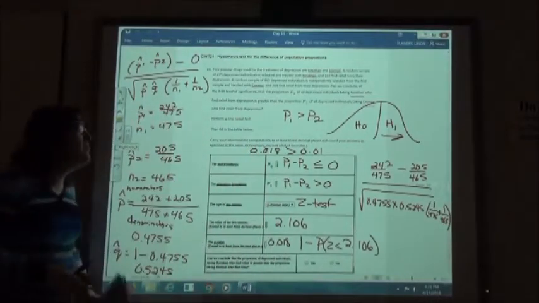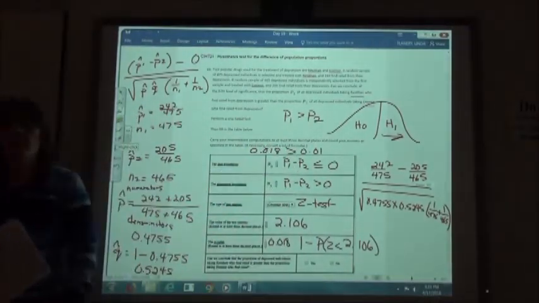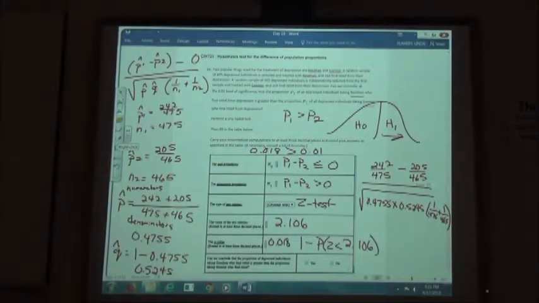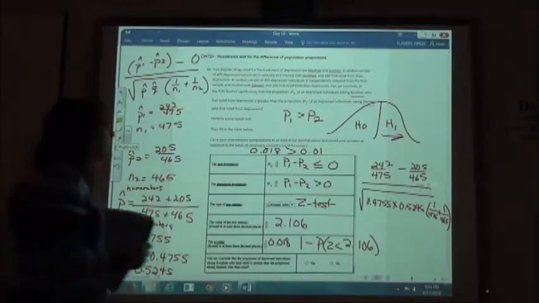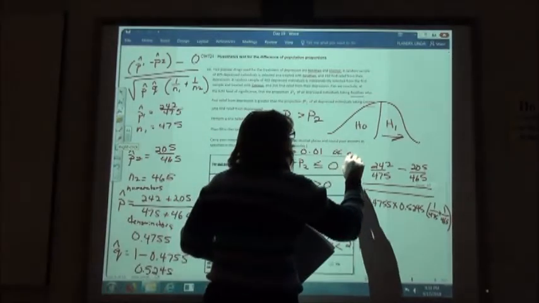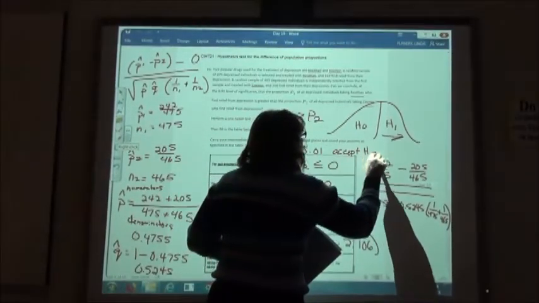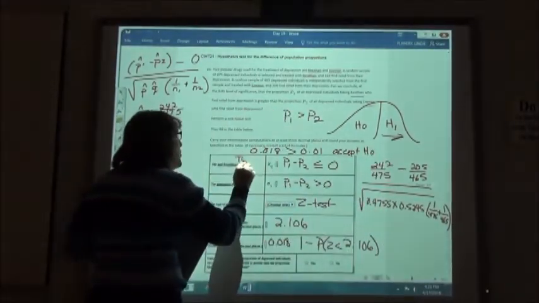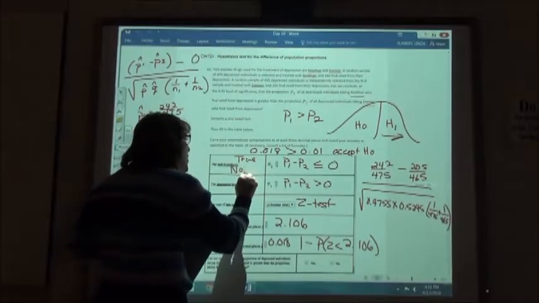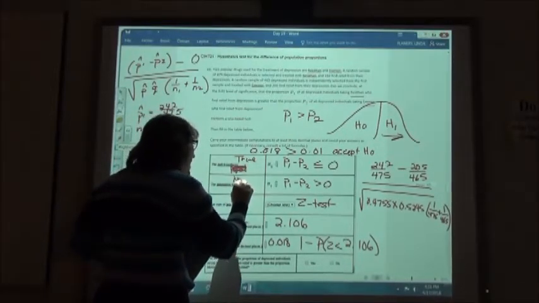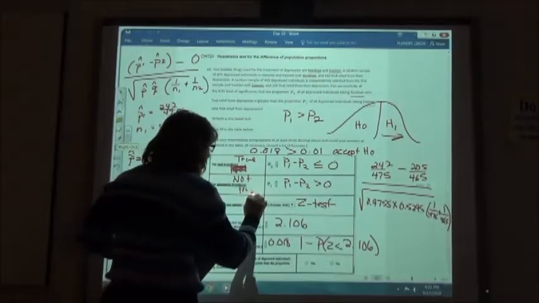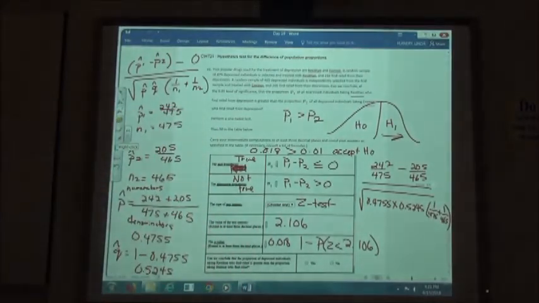And if my p-value is greater than my level of significance, what am I going to do? Accept the null. That means this is my true statement. This one down here is the one that is not true. So the true statement is it's less than or equal to.